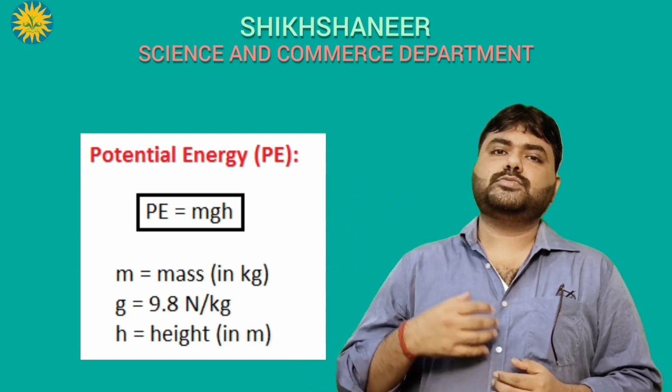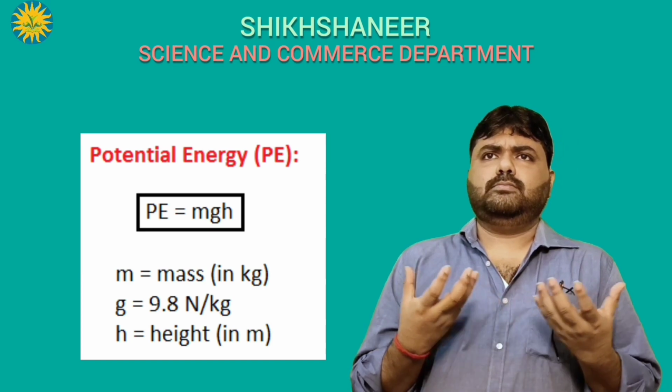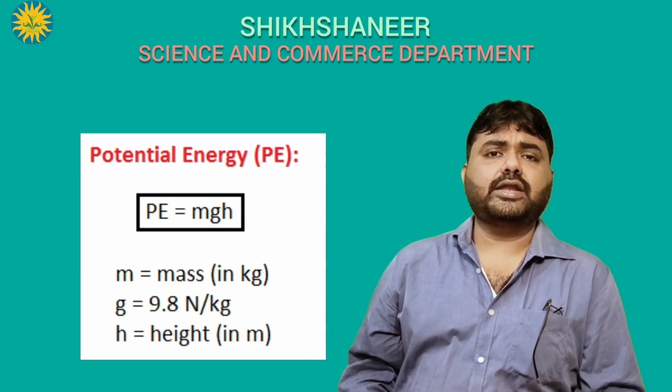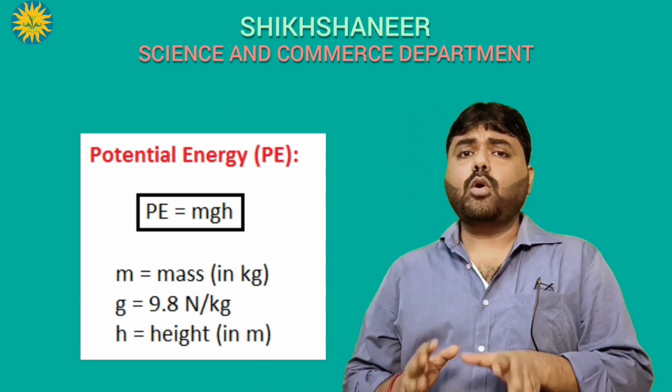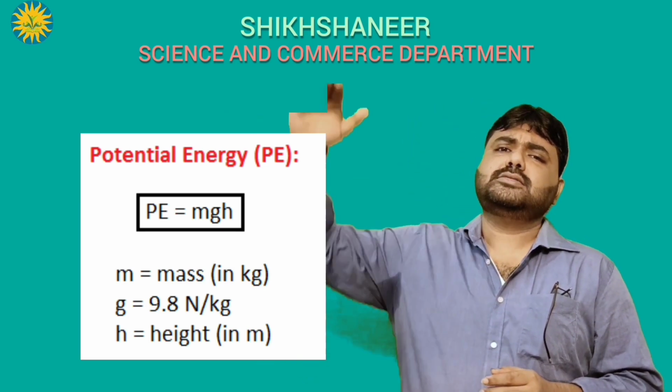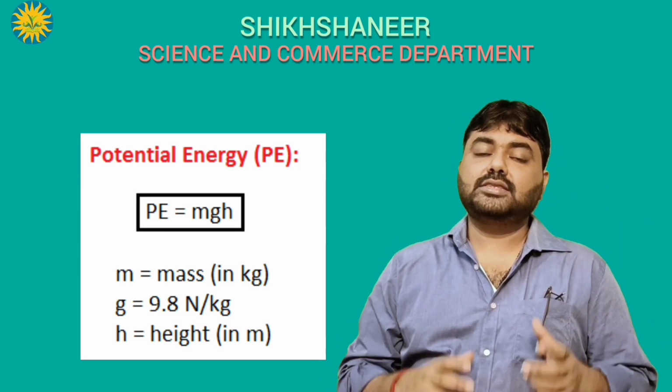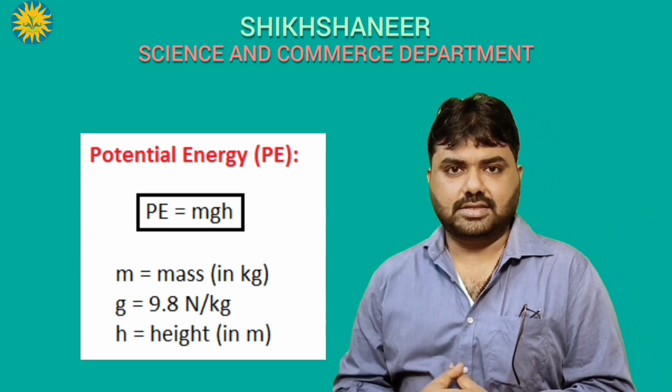Suppose we are discussing a freely falling body, that means a body falls in the direction of gravity, or a body is placed somewhere at a certain height. Therefore, the displacement is the height in this case.